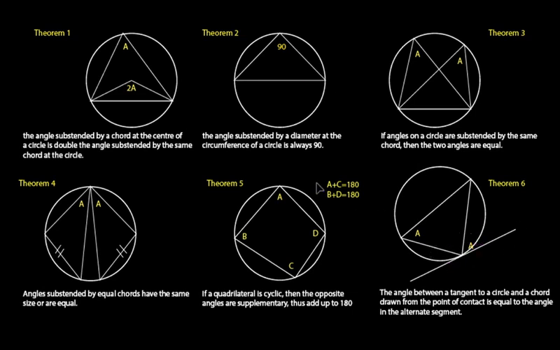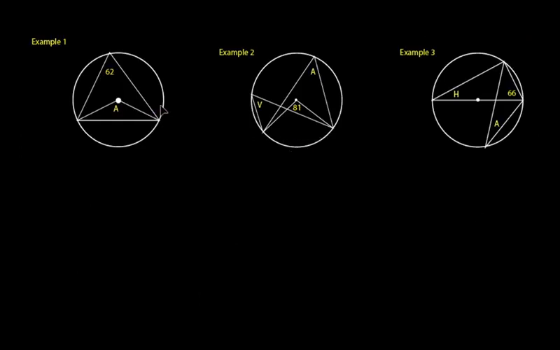So with these few theorems in mind, let's look at some examples to actually appreciate what we mean and what we are saying over here. I've prepared 3 examples for us, so let's get started and see what we can do.